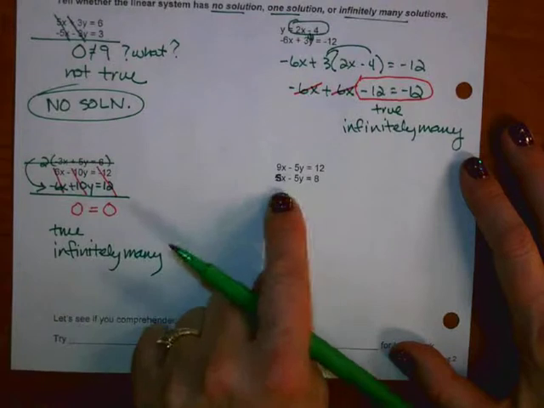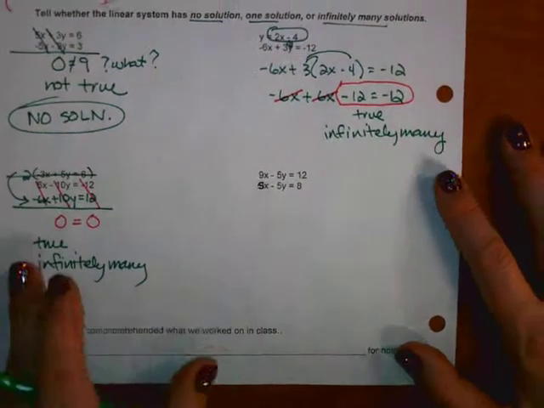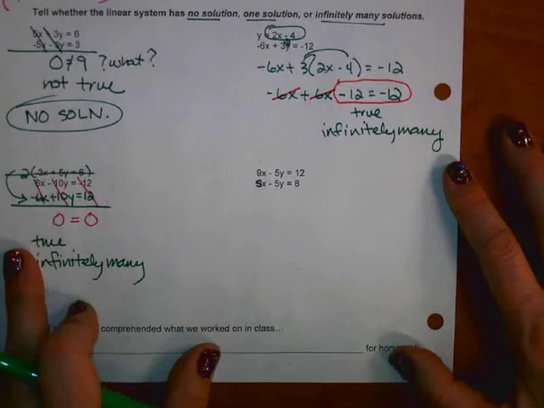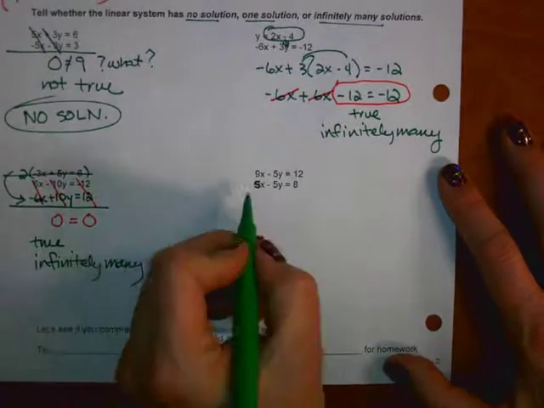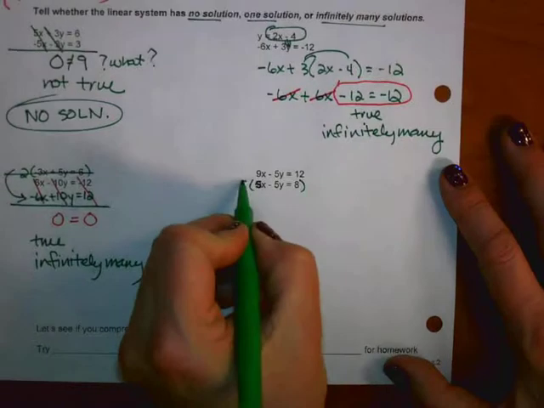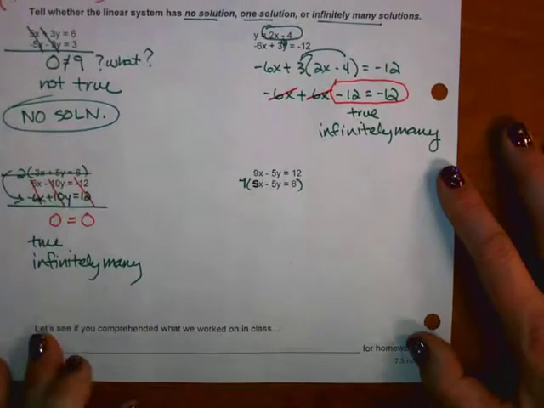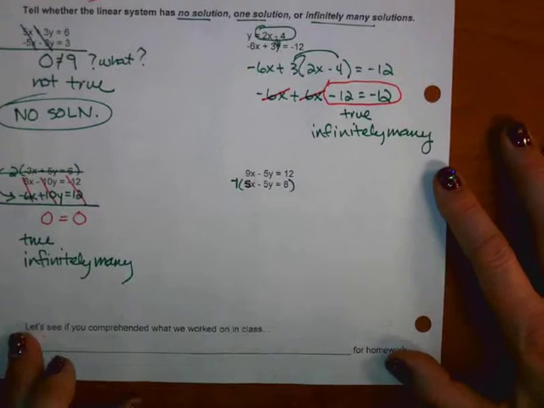All right, let's do one more then. These are lined up. Can I eliminate right now? No. I have to multiply one. Which one, top or bottom? Bottom one. Let's multiply through by negative 1, because then I can eliminate the y's.